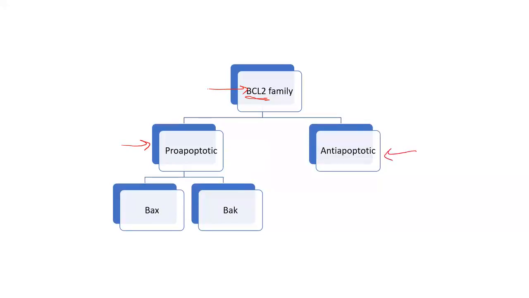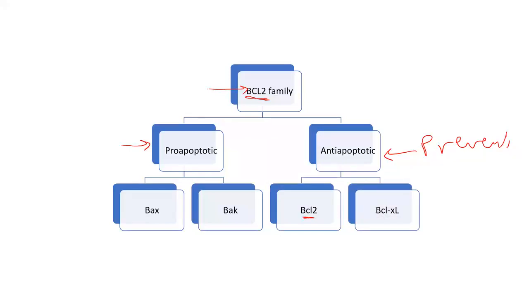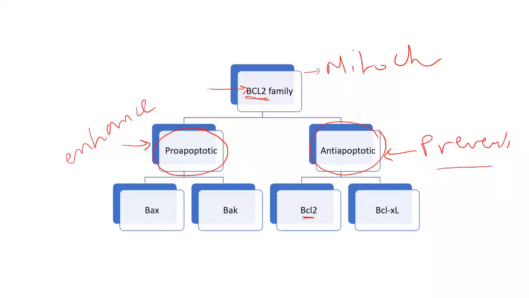They prevent apoptosis, such as BCL2 as a member and BCL-XL. So we have the BCL2 family that controls the mitochondrial pathway of apoptosis, with pro-apoptotic and anti-apoptotic proteins. The pro-apoptotic enhance apoptosis, and the anti-apoptotic prevent apoptosis. Okay?